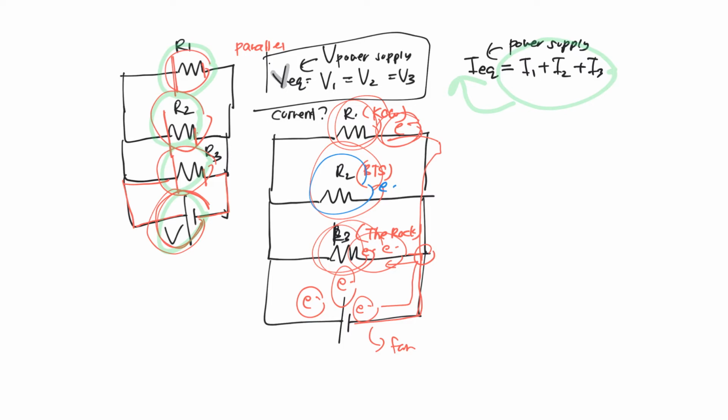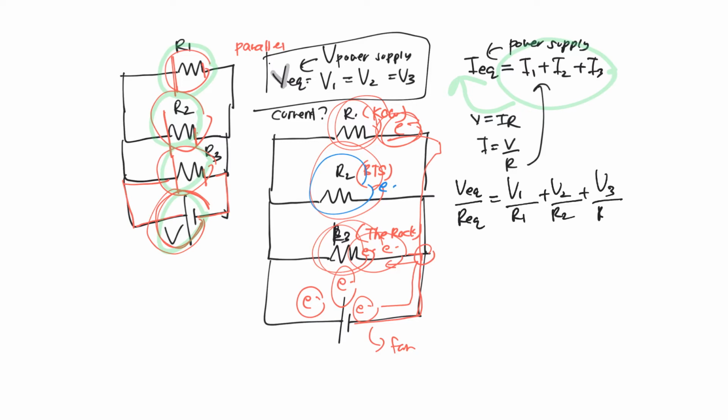Okay, so based on the formula of Ohm's law, which is V equals IR, so I equals V over R, you insert this value, so you are going to get V equivalent over R equivalent equals V1 over R1 plus V2 over R2 plus V3 over R3.